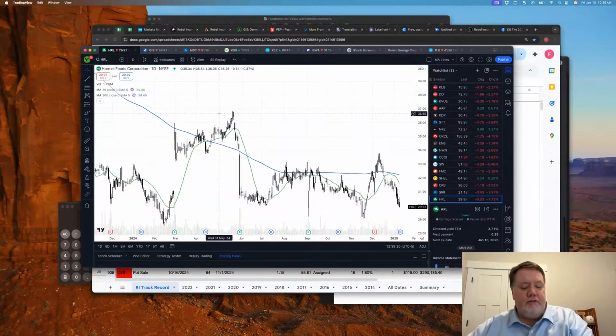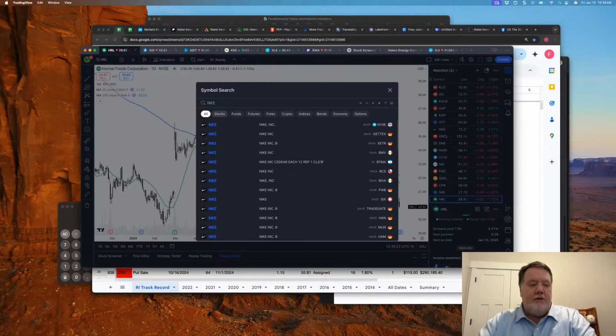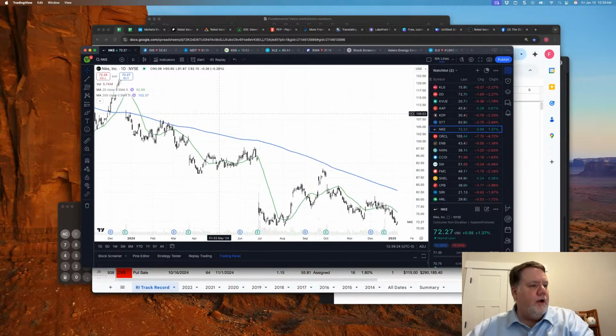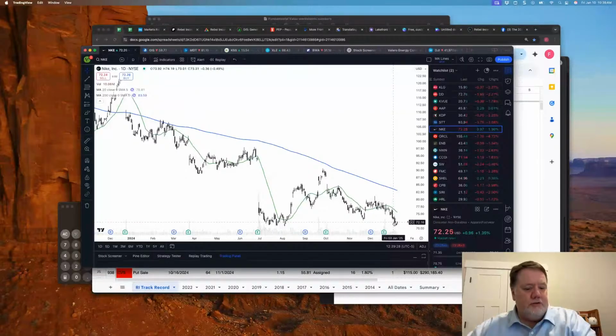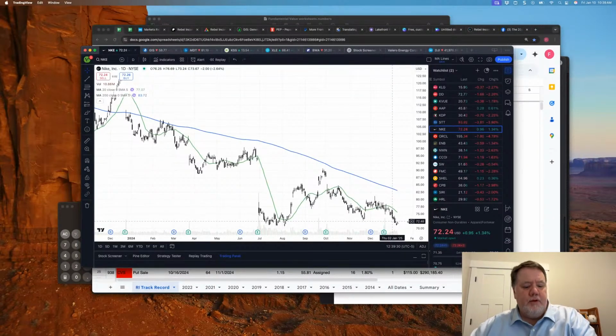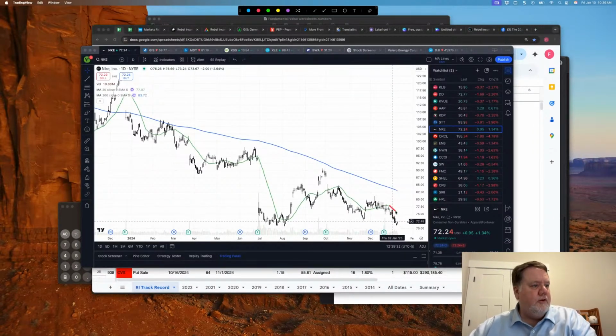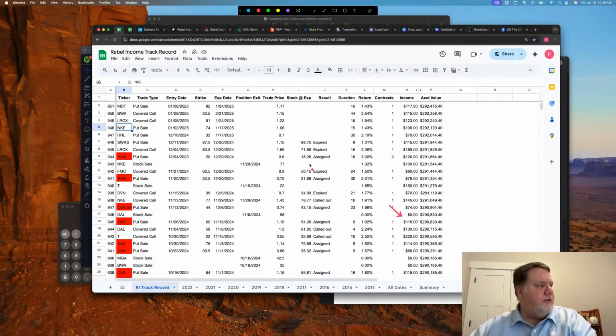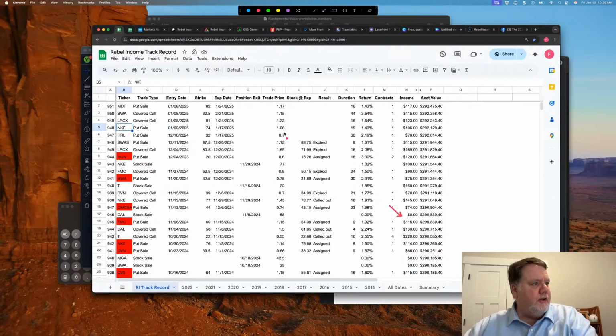Nike's been a stock that I've used a little bit over the last few months and done pretty well. Again, this one is also picking up bearish momentum, right? So we're seeing this starting to drop. And again, 74 is the strike price that I sold, and it brought in $1.06 for about 2 weeks.